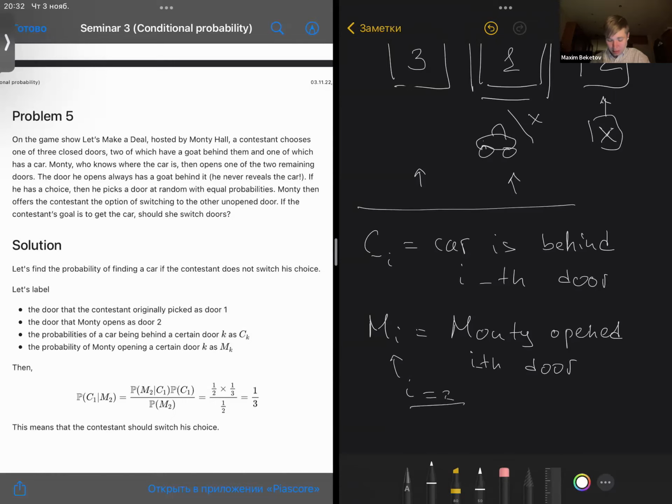We decided that he would always be opening door number two.